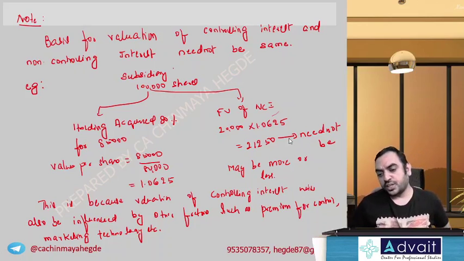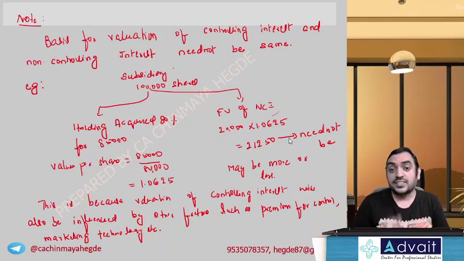Will fair value computation always be like this in the exam? No. From the exam point of view, fair value per share should be given for NCI valuation. If they have not given it, you can do like this one, that is, the value of controlling and non-controlling are both the same. But I would recommend, from the exam point of view, if fair value is not given in the information, don't do the fair value method. Simply do the proportionate method.